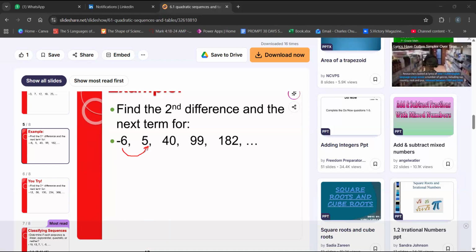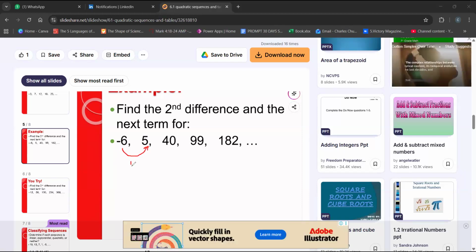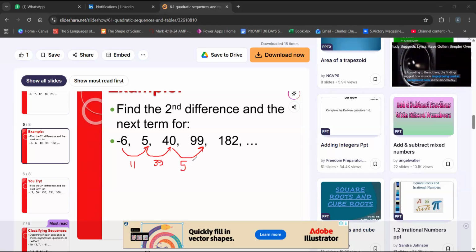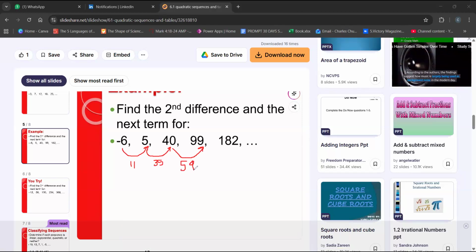So let's start that. And what would give us the next one? That would be 35. 35, right? And then of course 59. 59, yes.